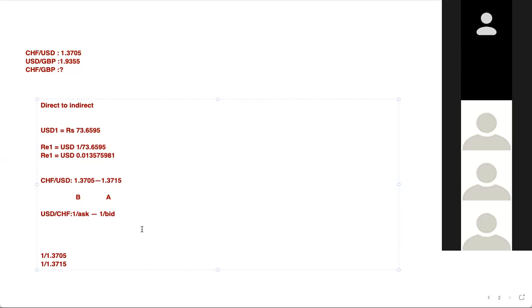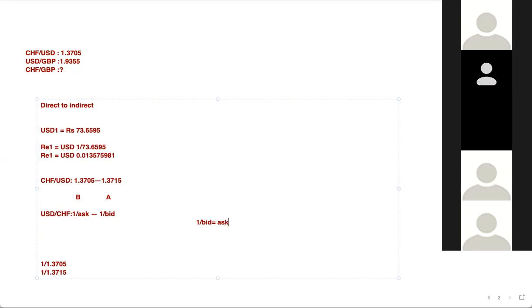I can write it here if you like. 1 by bid is equal to ask, and 1 by ask is equal to bid. So what do I write here? What is my 1 by bid? This is my new ask, and this is my new bid.